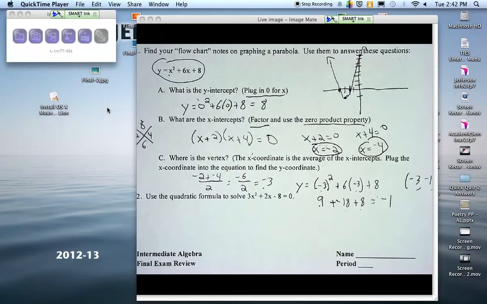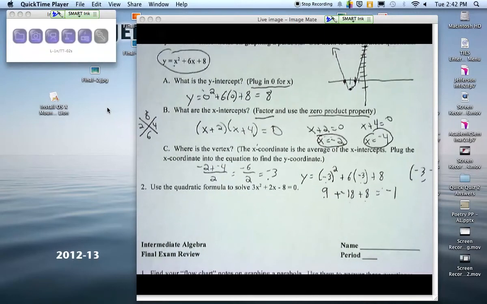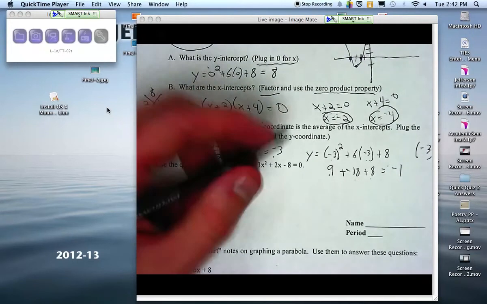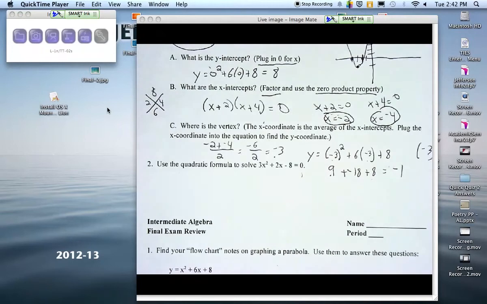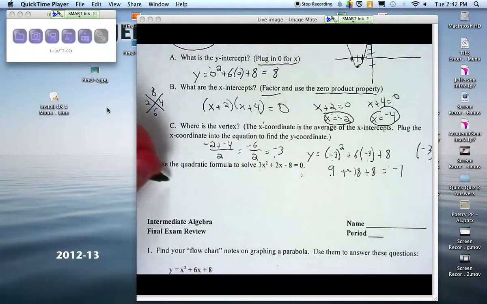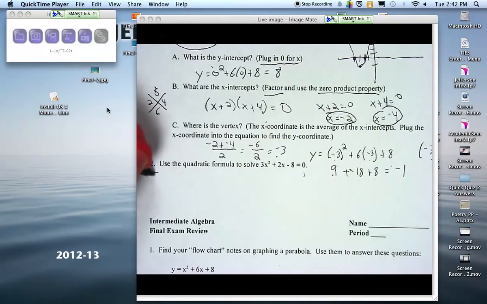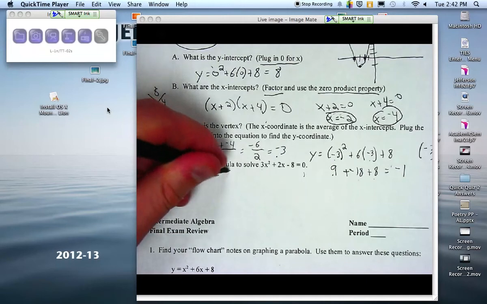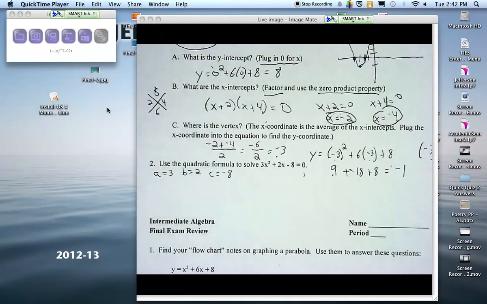Next thing is the quadratic formula, which of course is up on the wall in the classroom. It should also be in your notes. First thing is to make sure the equation's set equal to 0, which it is, and then I can read A, B, and C off the front. And remember, A, B, and C are just numbers, so A is 3, B is 2, and C is negative 8. The negative is an important part of it.